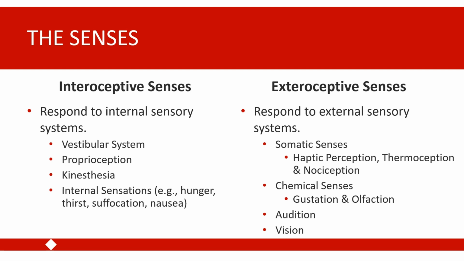And then we have our exteroceptive senses. These are senses that are giving us information about things that are external to the body. These include our somatic senses, our sense of touch and temperature and pain, our chemical senses like our sensation of taste and smell, our auditory sense, our ability to hear, and also our visual sense.